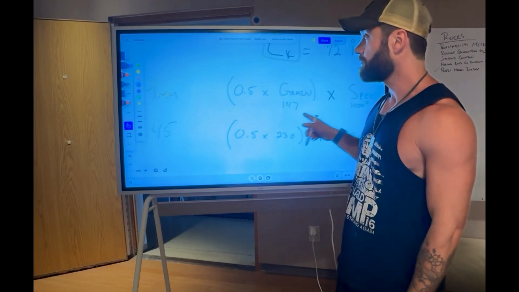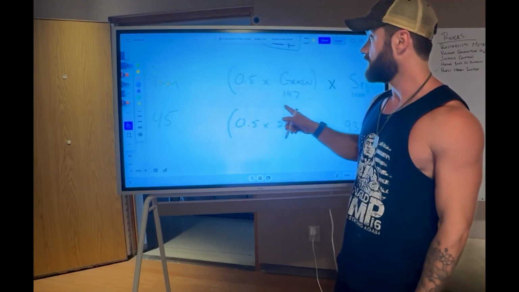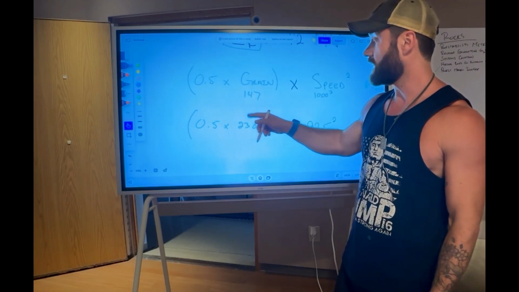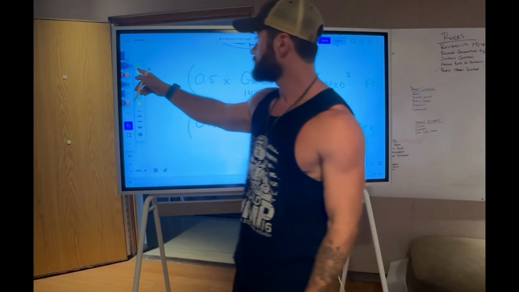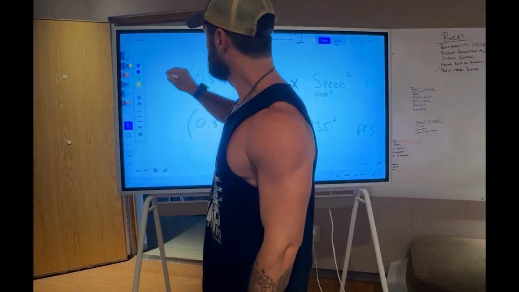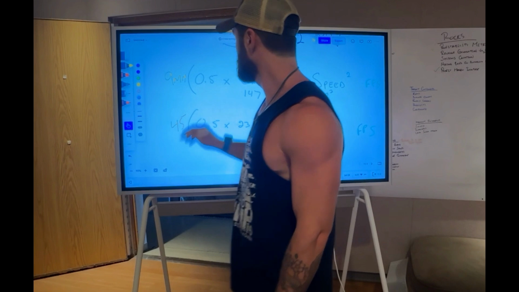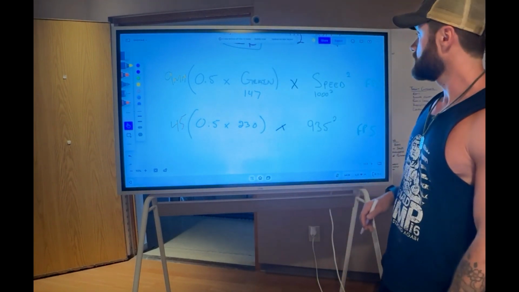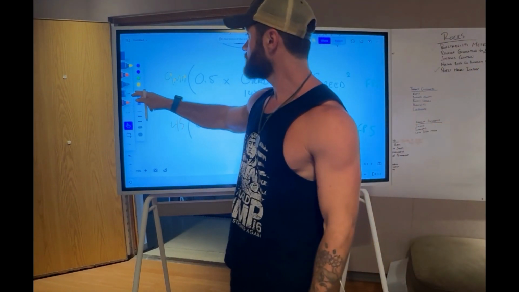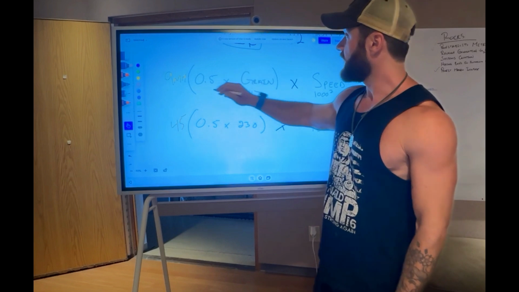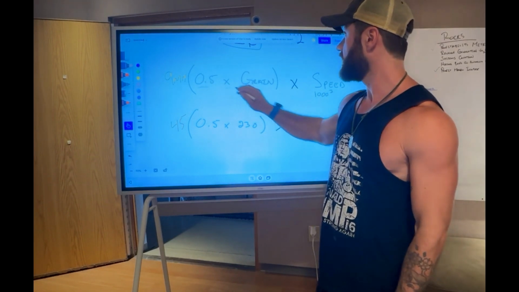On the top here, we have 9mm, and then on the bottom we have 45. And here, I'll just put that here again, as we begin to kick off this equation. So here we have 0.5 times the grain.